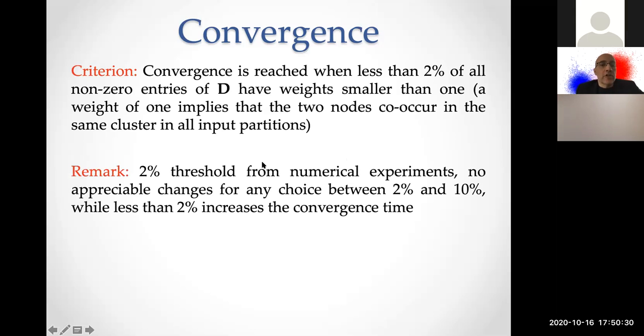Then, this choice of 2% looks arbitrary. In many ways it is, but we found that it's a good compromise between having sufficiently stable partitions at the end and not wasting too much time waiting for convergence. In fact, we found that if you take any value between 2% and 10% of the elements as a stopping criterion, the results are essentially the same. But if you take 10%, you accept more noise in your results.